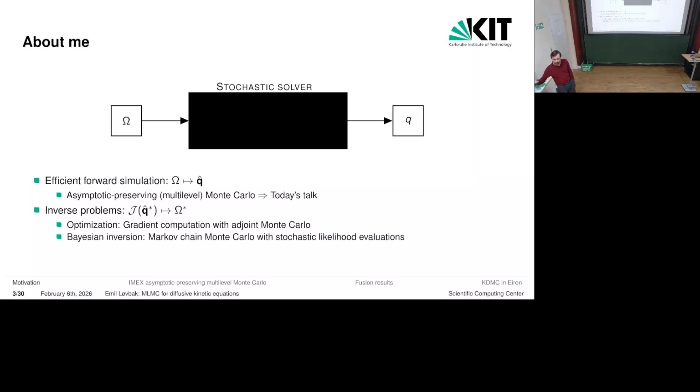So the shape of some component, some kind of parameters of your PDE to produce the output you want. And you can look at this as directly solving the problem in an optimization setting, and then you end up with Monte Carlo simulations, or adjoint Monte Carlo simulations, and I've done some work around there, where the trick is you have to simulate the same trajectories forwards and backwards, using good random number generators for that.